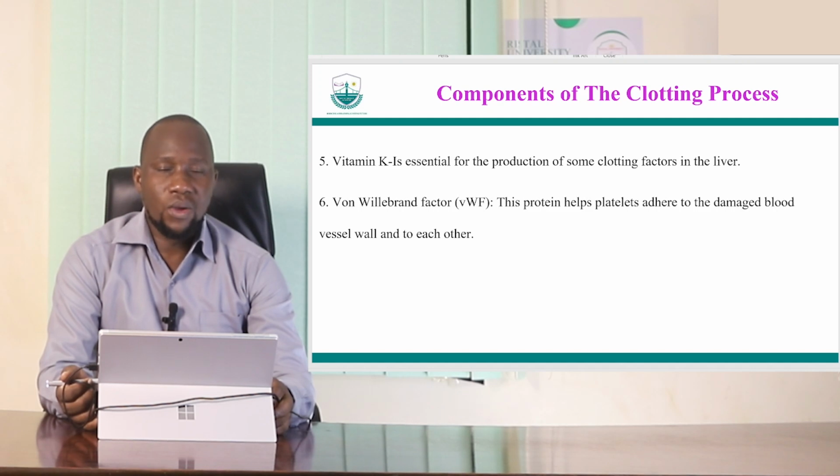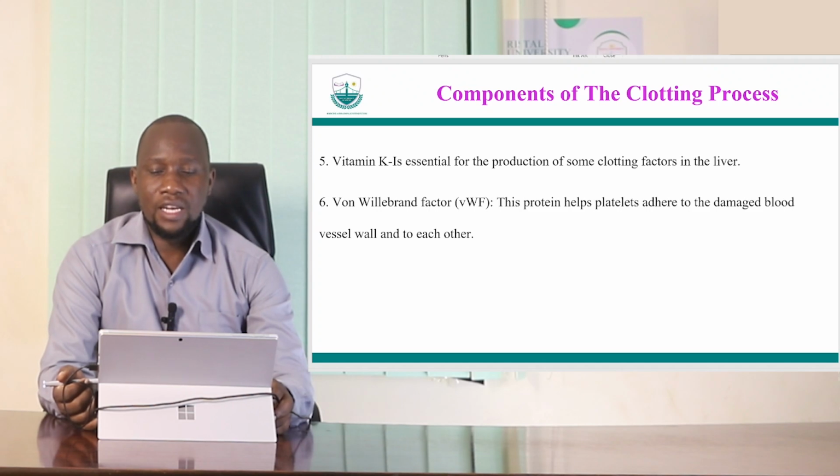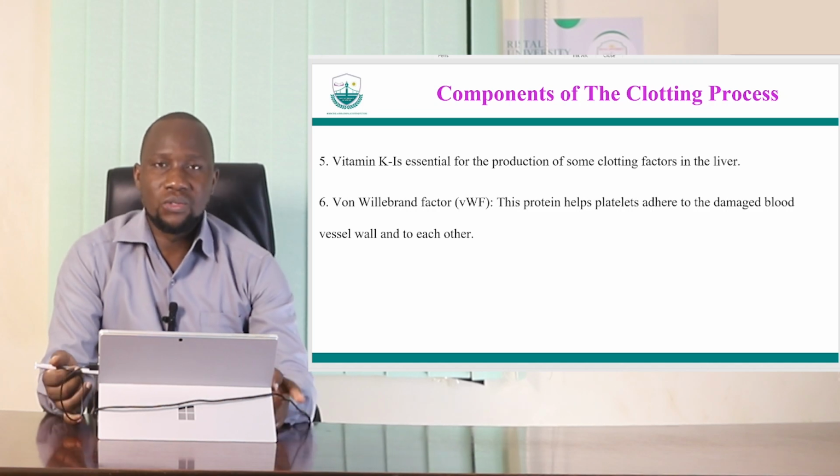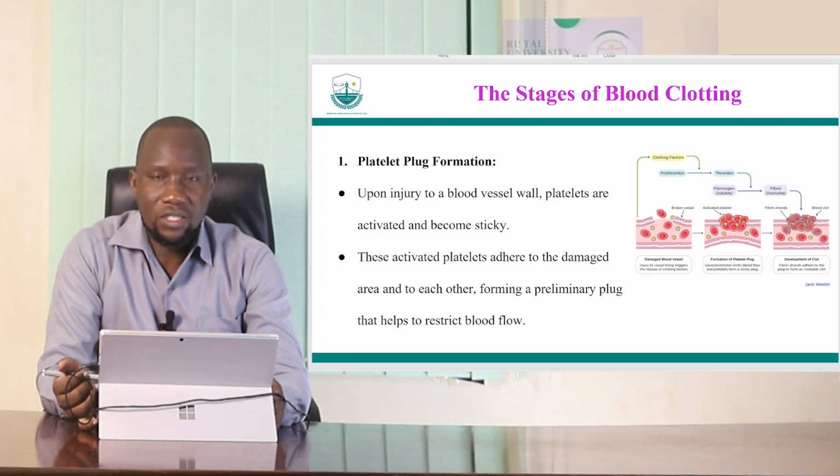And then we have another factor, von Willebrand factor. Von Willebrand factor is an important factor that allows platelets to adhere to the damaged blood vessel wall and then attract others and also clamp together and form that plug that we have been talking about.